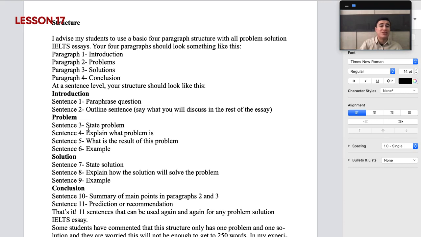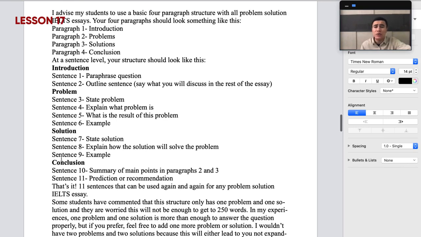Okay? When it comes to the next paragraph, solutions, you should start from stating a solution, then explain how the solution will solve the problem, and then provide an example. And when it comes to the last paragraph, conclusion, sentence number 10, okay, you should start from summarizing the main points in paragraphs 2 and 3.